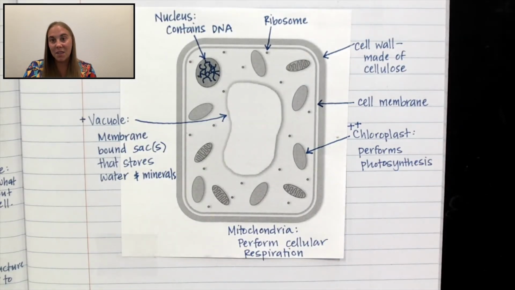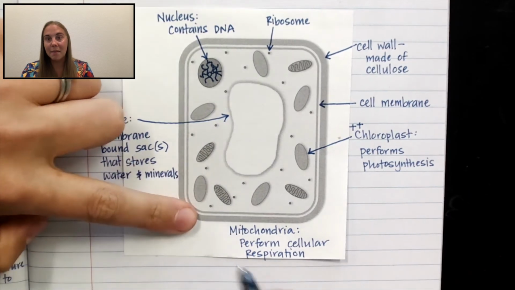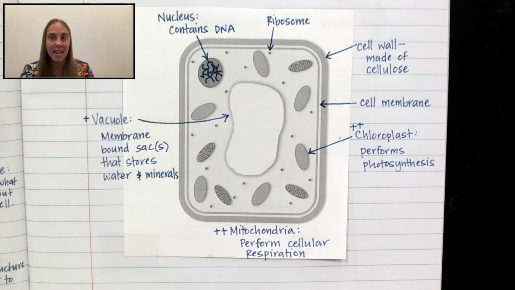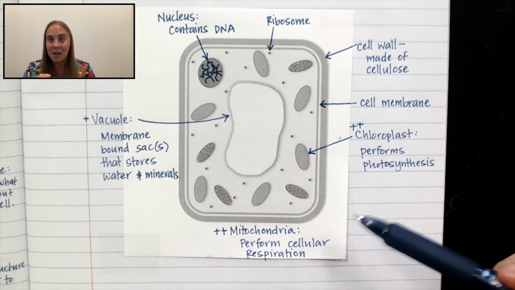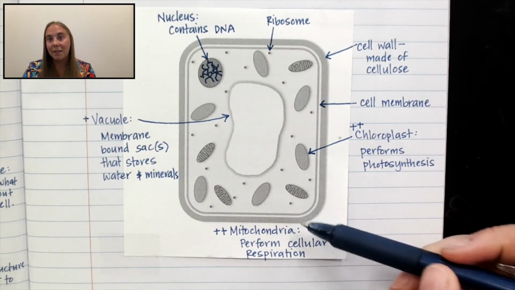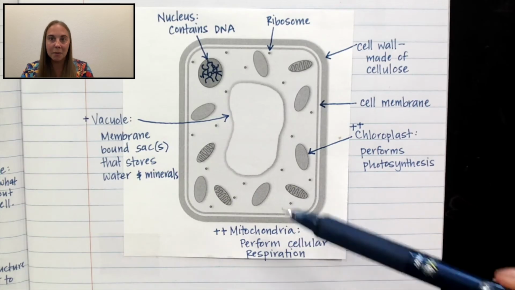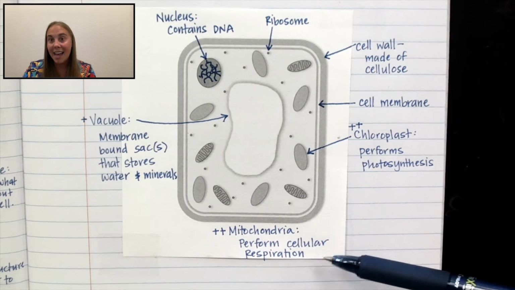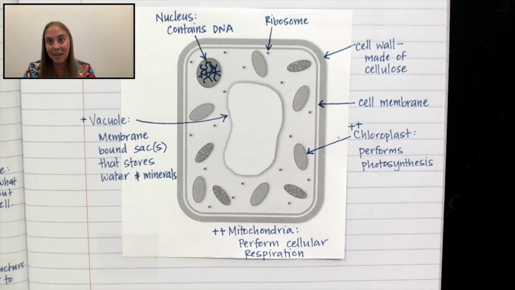And that's going to make it so that those bigger cells are able to get energy better, and they are going to be able to outcompete those big cells that didn't encapsulate or engulf a mitochondria or a chloroplast. But as a result, the mitochondria and chloroplasts are going to be bound by 2 membranes. They're going to have 2 membranes around them. And adding to support to this theory is the fact that chloroplasts and mitochondria actually have their own DNA, and that DNA is separate from the DNA of the cell.